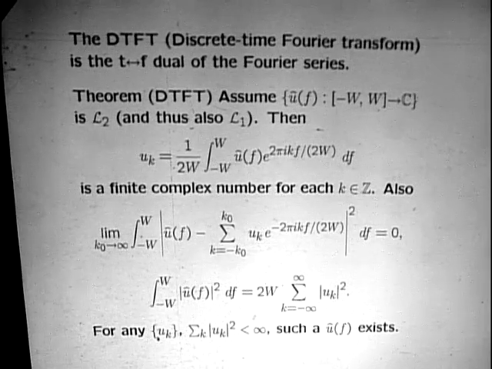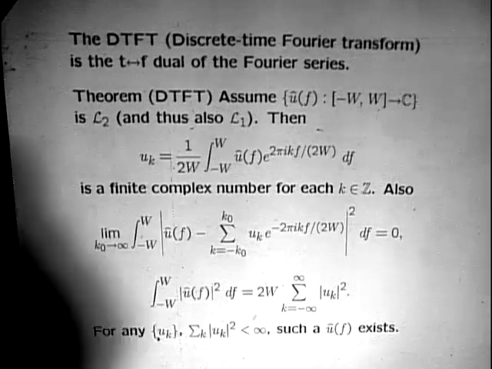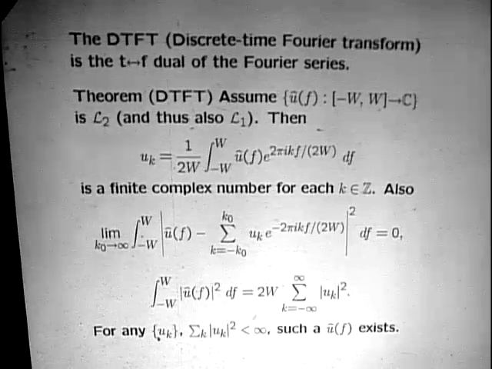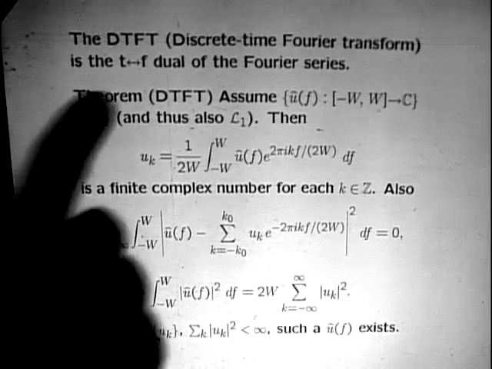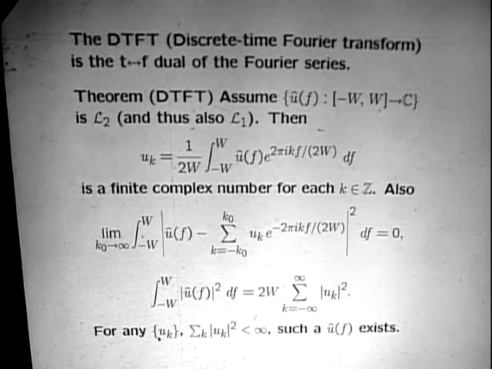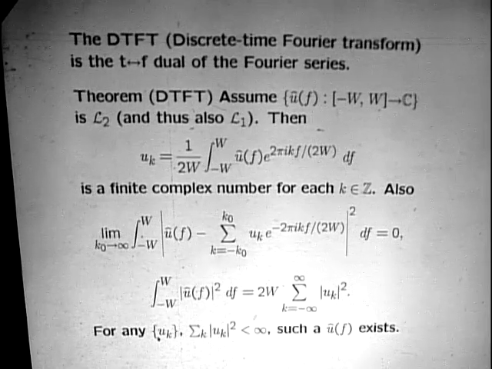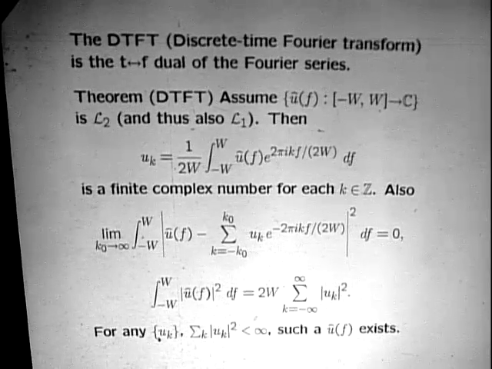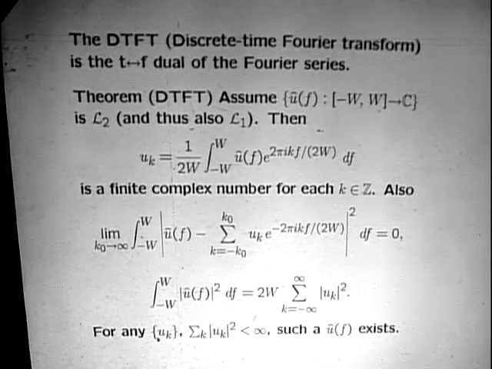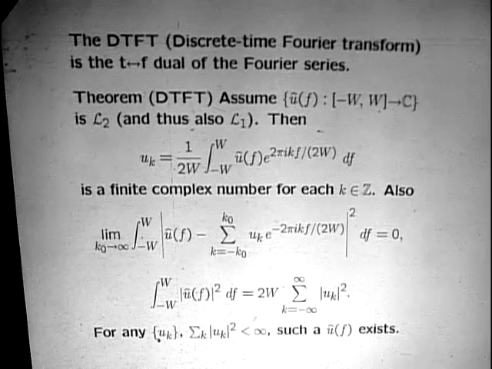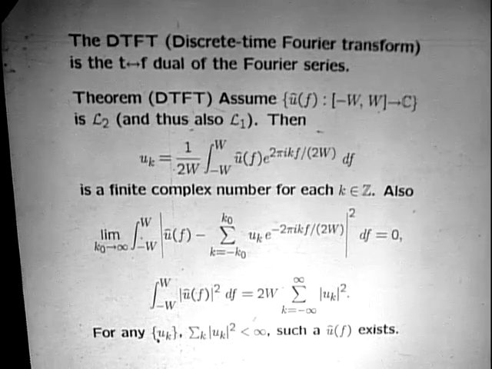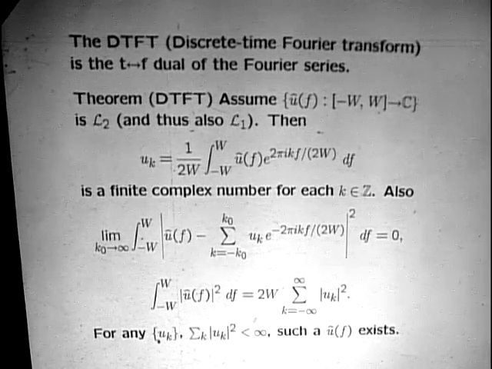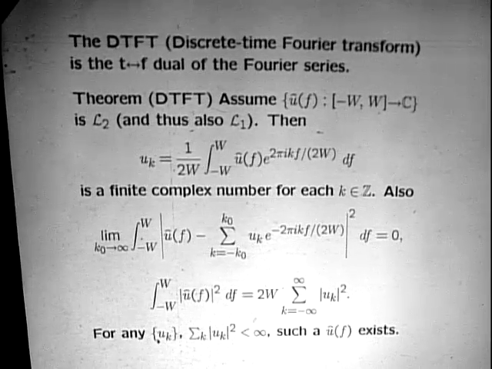And the other nice thing is that the discrete-time Fourier transform happens to be just the time-frequency dual of the Fourier series, so that whether you've ever studied the DTFT or not, you already know everything there is to know about it, because the only things there are to know about it are the results about Fourier series.